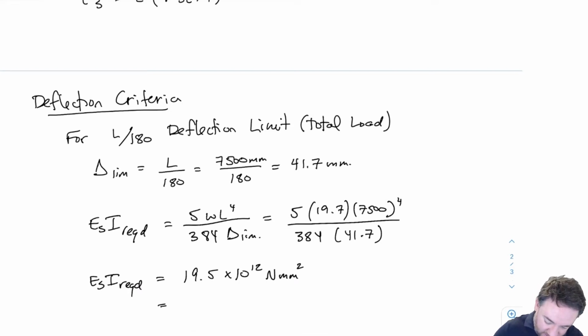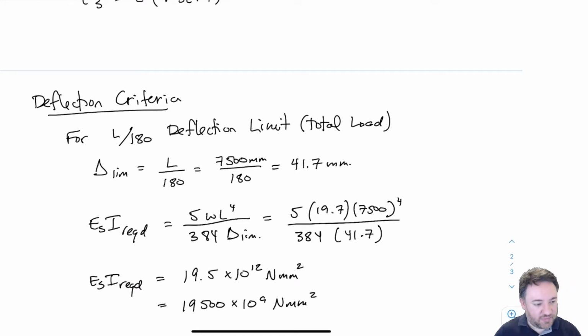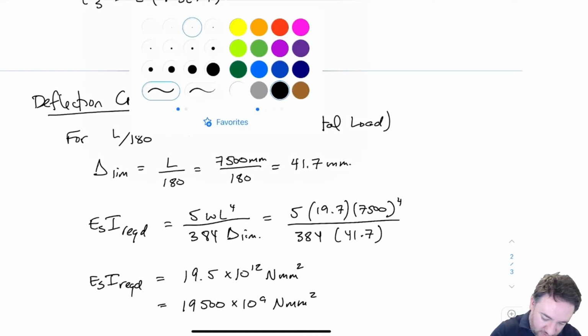Or I could say 19,500 times 10 to the 9 Newton millimeters squared. So this just depends on what we're looking for in our table. Okay, and this is the number that we're going to look for.